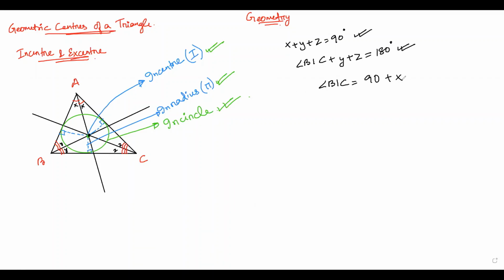And this angle x is half of angle A, so angle BIC would be equal to 90 plus half of angle A. In a similar way, we can write angle CIA to be equal to 90 plus half of angle B, and angle AIB to be equal to 90 plus half of angle C.